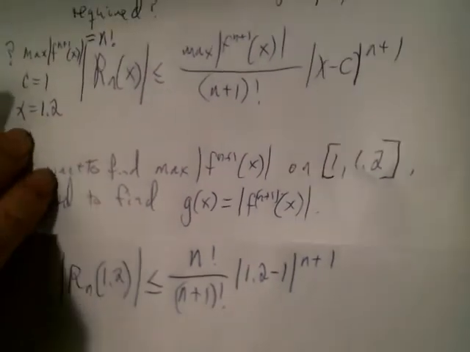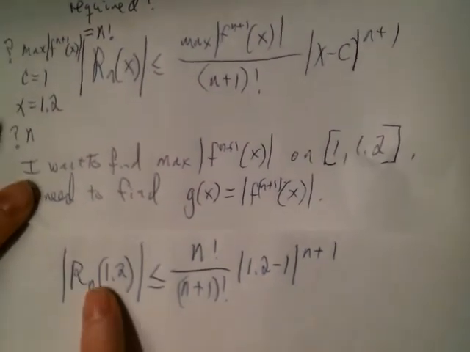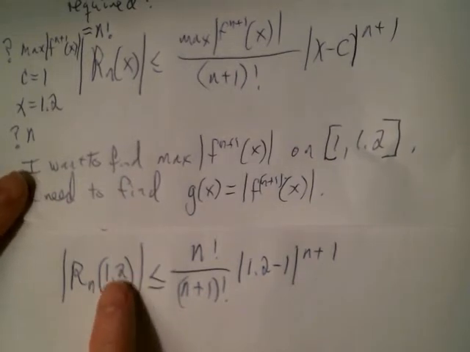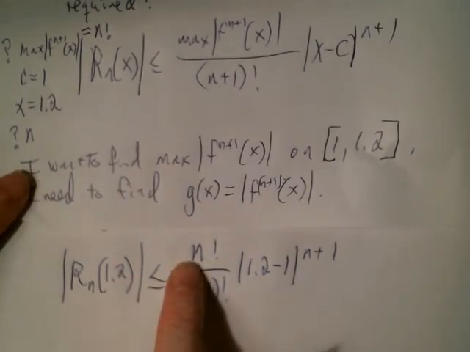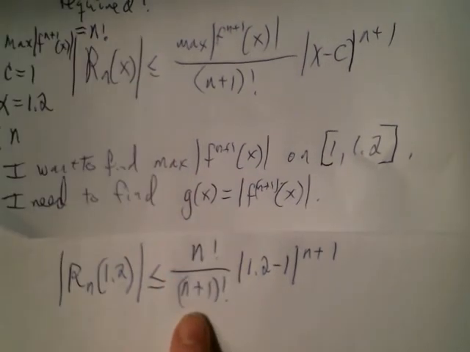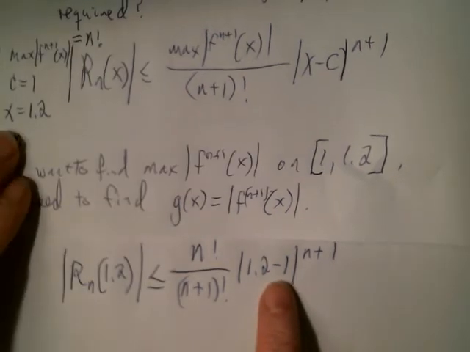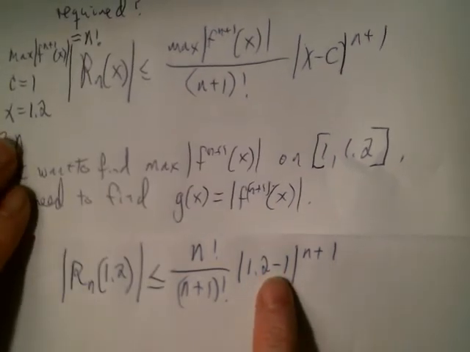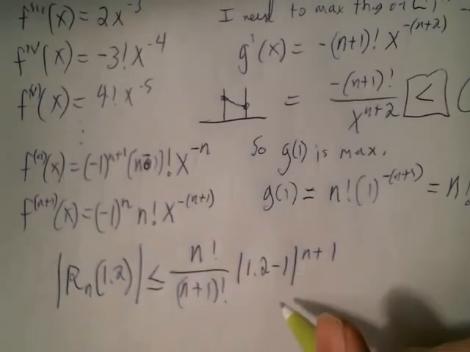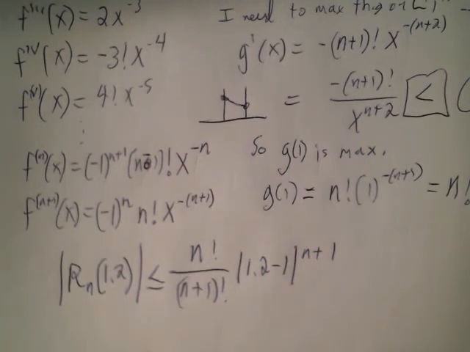Oops, I hope I didn't lose you there. So r sub n of the point we're evaluating, we want ln of 1.2, so you put 1.2 in there. This was the maximum of that g of x formula, n factorial, all over n plus 1 factorial, and then this is x minus c. So x is 1.2, the center is 1, and then we have n plus 1. We want this thing to be less than 0.001.